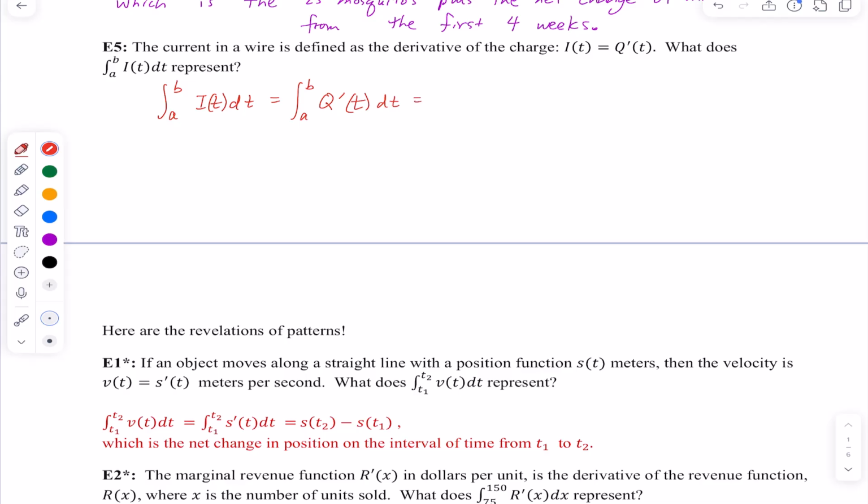And by the fundamental theorem of calculus, this must represent q evaluated at b minus q evaluated at a. Which is the net change of charge from A to B.